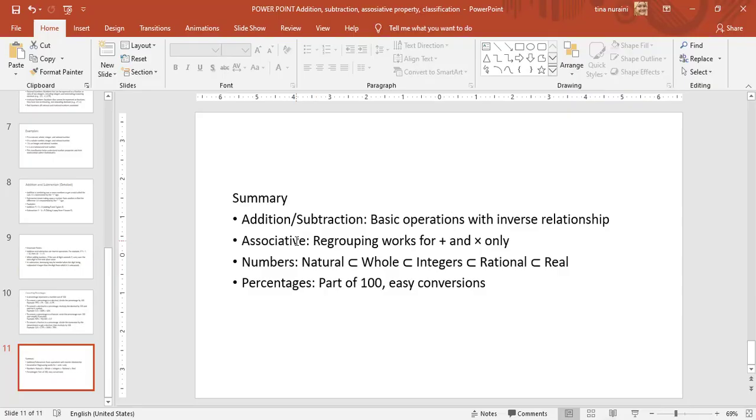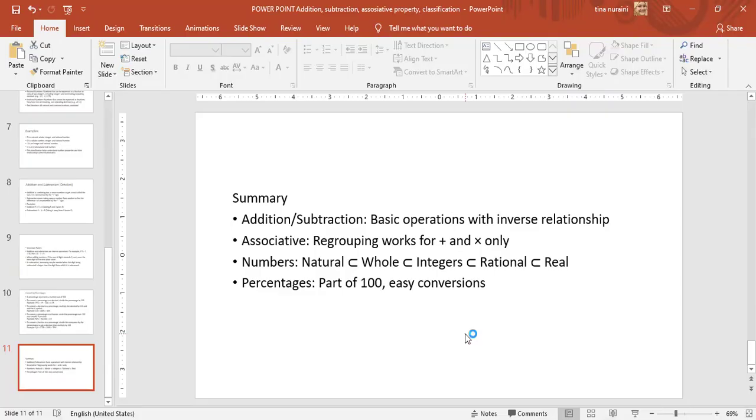The next is associative: you must know the grouping works for addition and multiplication only.